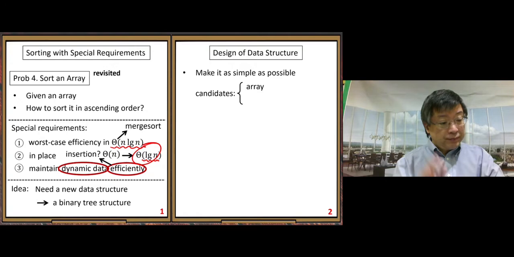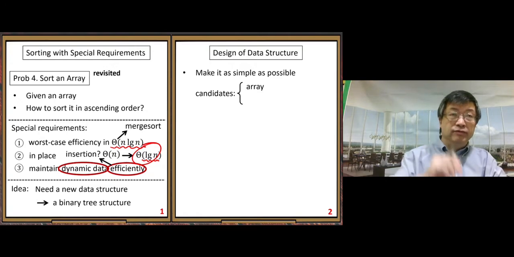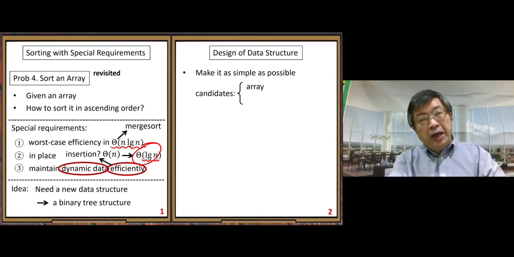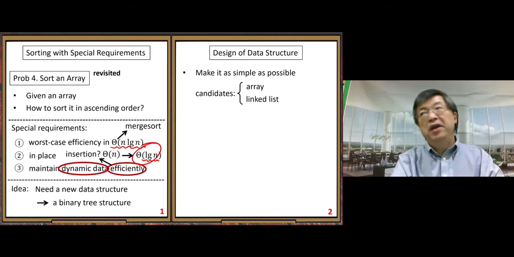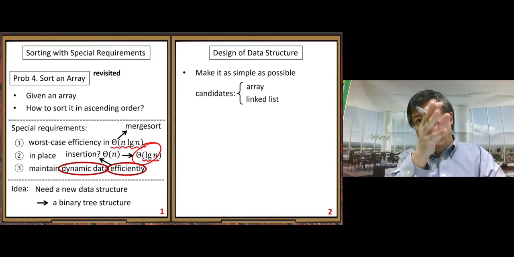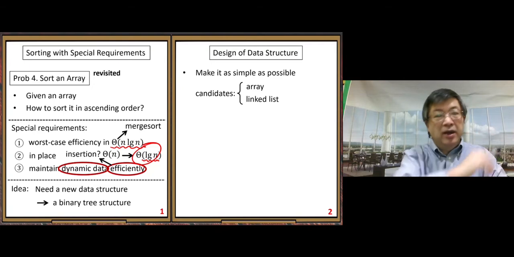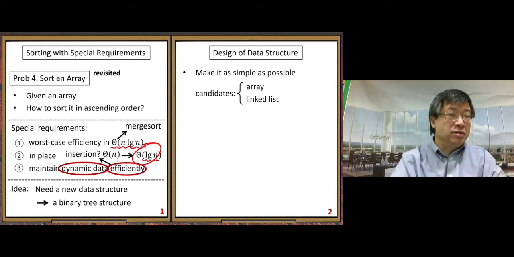That's the first option. The second option, linked list. Much more complicated than the array, but it has its own special properties.